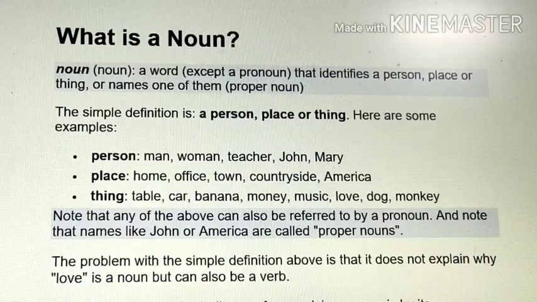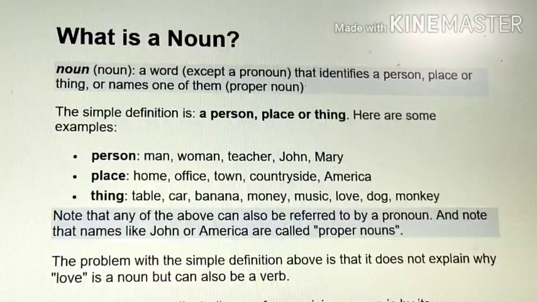Okay, so noun can be a person, it can be a place, and it can be a thing. In person, I have mentioned persons like man, woman, teacher, John, Mary.